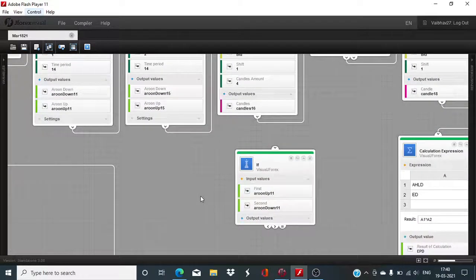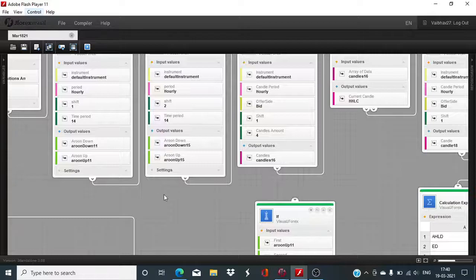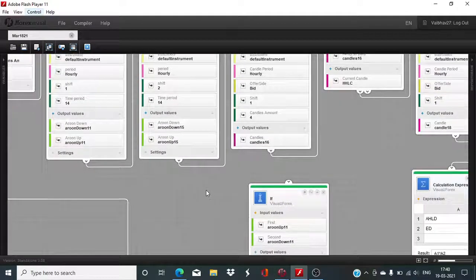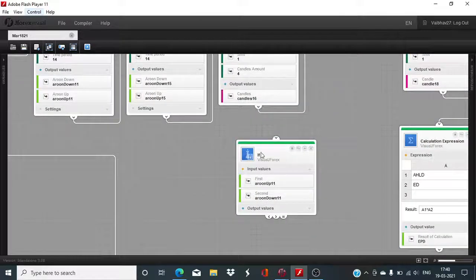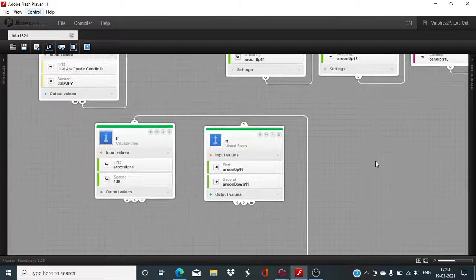Actually, I was used to single output from the indicators, and I kind of omitted the fact that in this indicator we get two output values. So down value and up value are there in a single block. You don't have to use two different indicator blocks really. And up should be equal to 100.